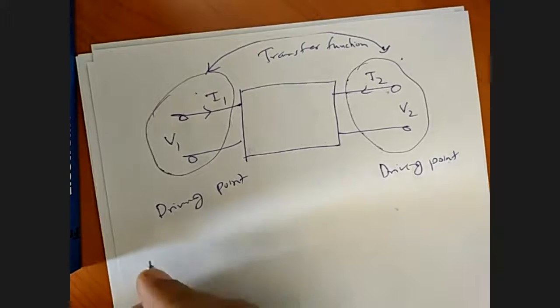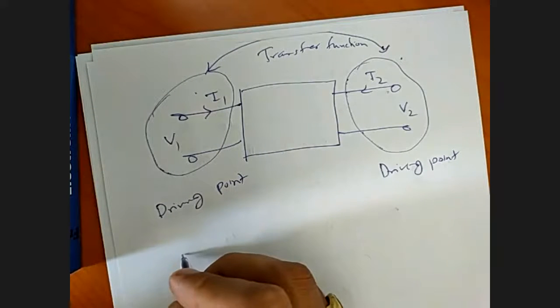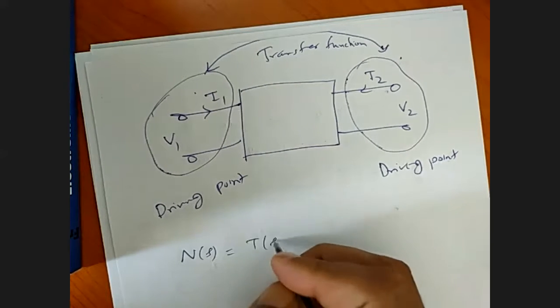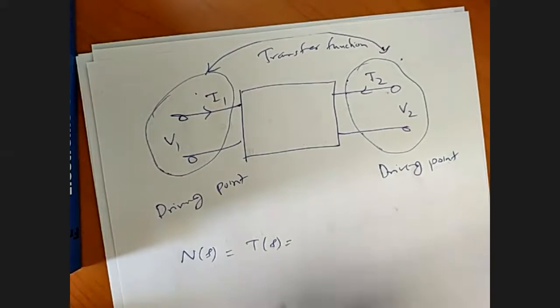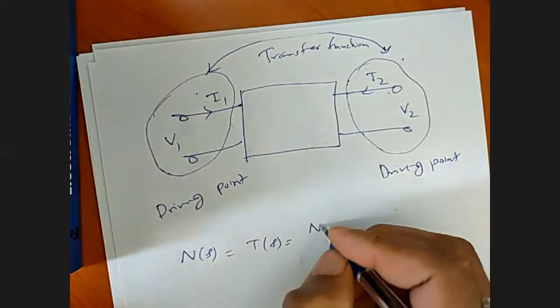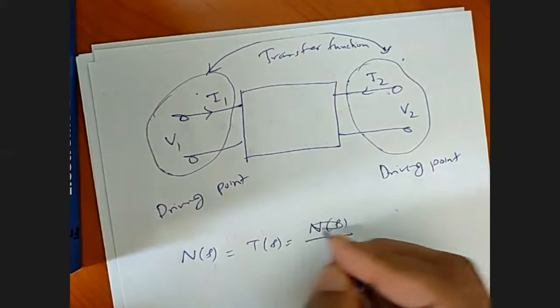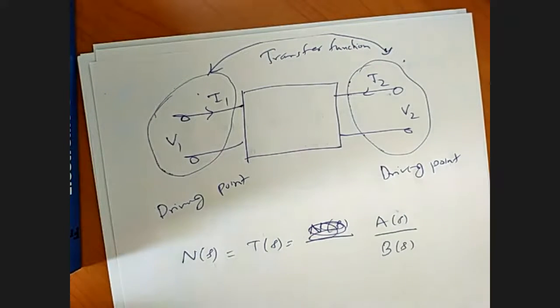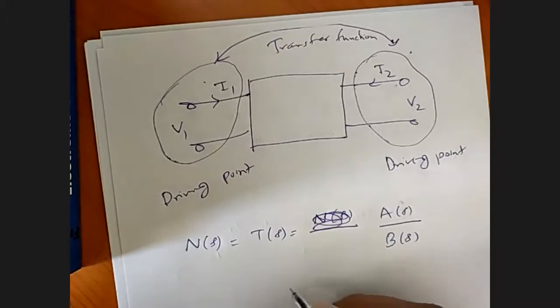So now we have this network function or transfer function as ratio of two quantities. I write this as A(s) upon B(s). So this will be a polynomial of s.